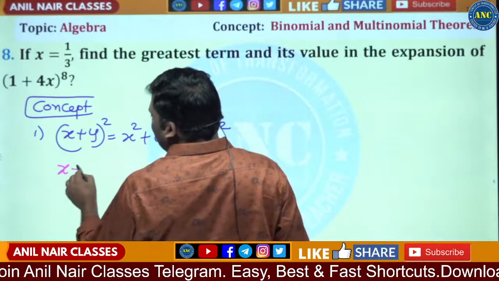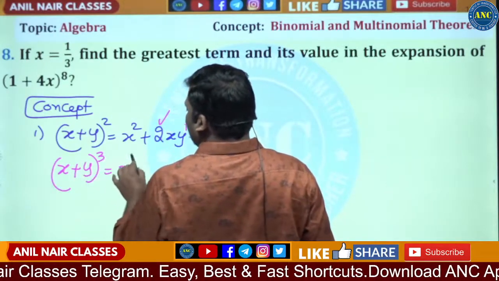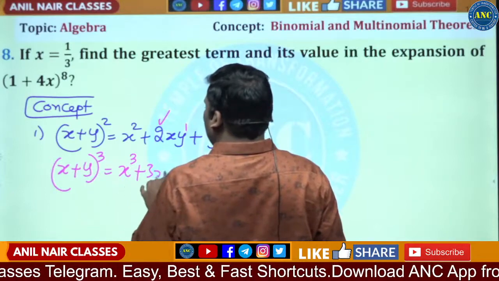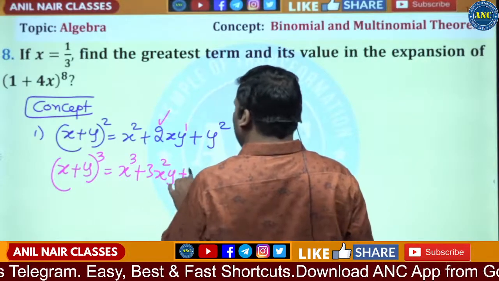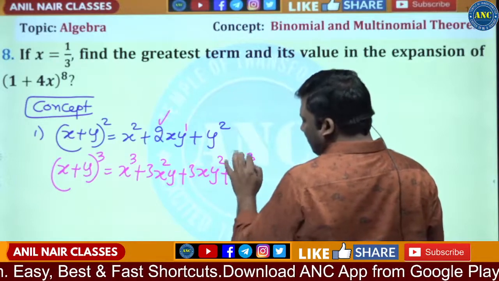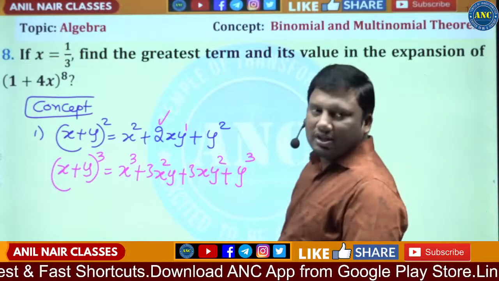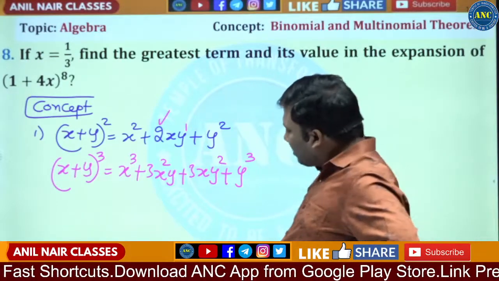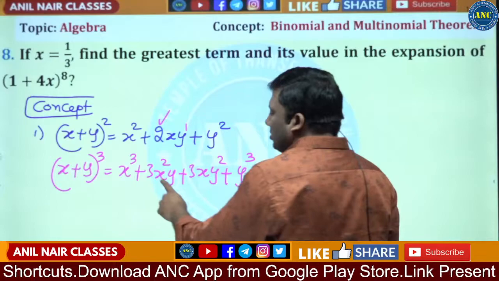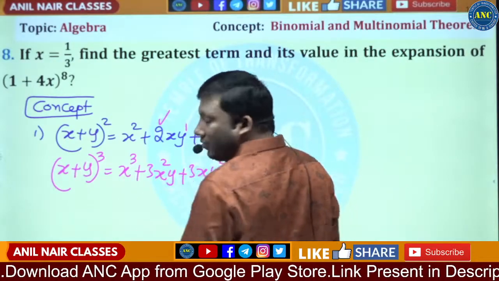Suppose I take x plus y power 3. So this will become x cube plus 3x square y plus 3xy square plus y cube. What is the coefficient of x cube? 1. What is the coefficient of x square y? 3.